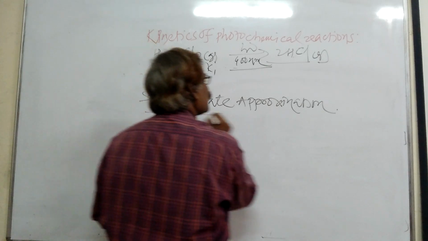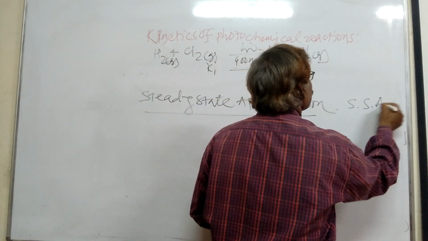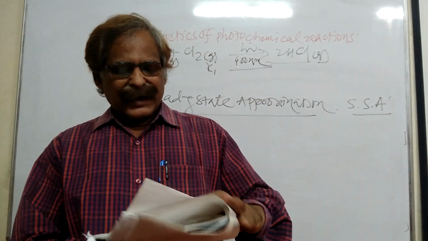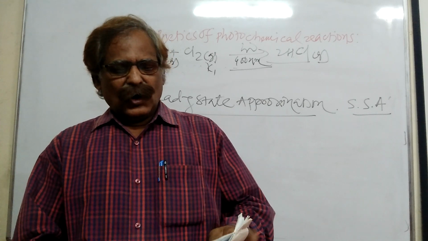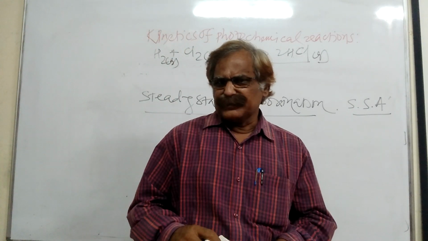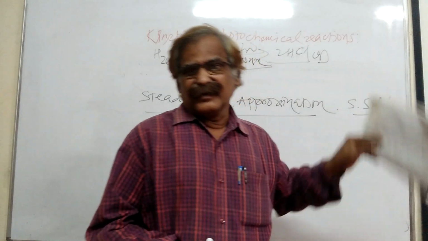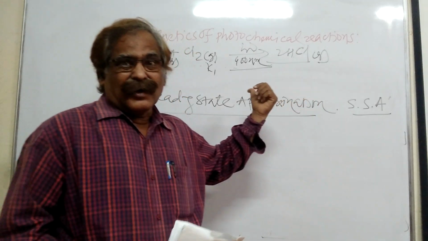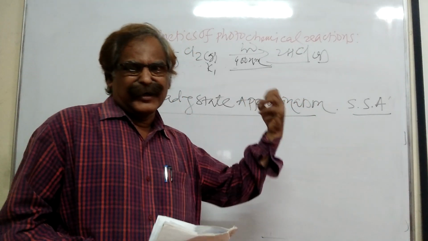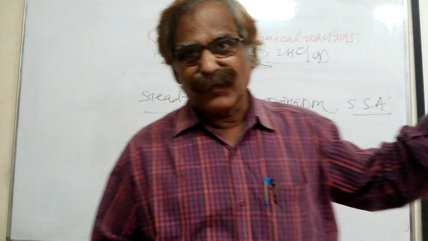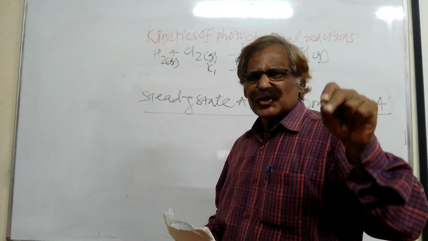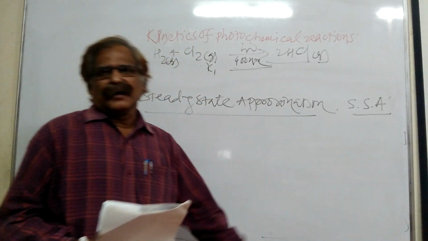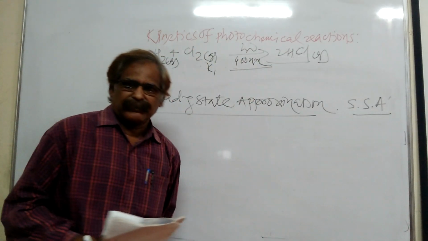Now, what is steady state approximation, or in short, SSA? In a chain reaction, as we have seen in the case of HCl formation, the intermediates formed in those two chain propagation steps are very short-lived, exist for a moment and react immediately with the reactant and give the product.